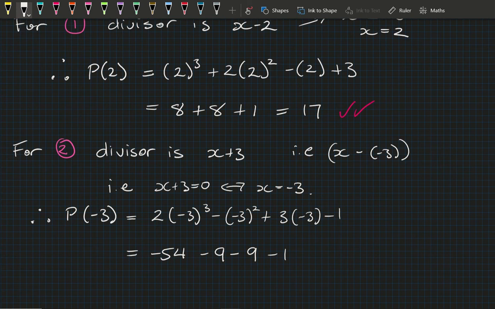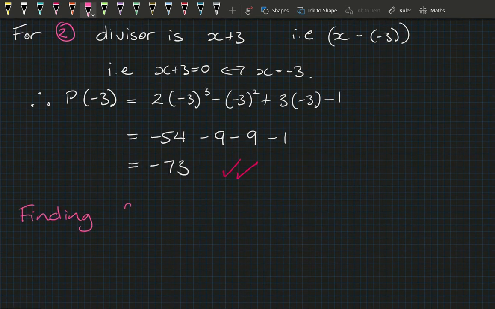So 9 and 9 and 1 is 19, which is the same as 20 minus 1. So if we look at subtracting from a minus, we end up with minus 73. Ka-ching, ka-ching. So it definitely does find what remainder we had from our division last lesson, right?